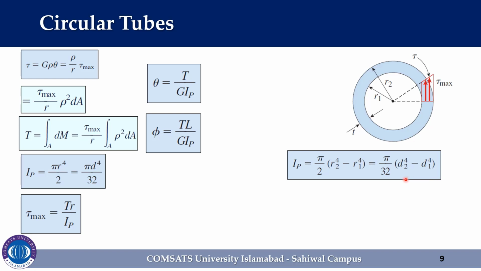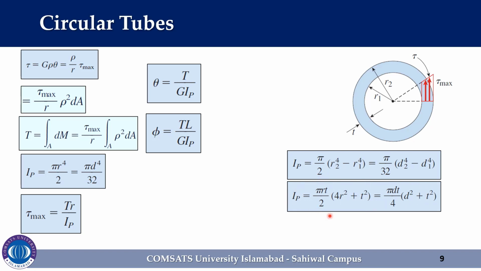The preceding expressions can also be written in the following form: Ip is equal to pi R t over 2 times (4R squared plus t squared), or we can also express this as pi D t over 4 times (D squared plus t squared), in which R is the average radius of the tube, equal to R1 plus R2 over 2. In the same way, D is the average diameter, expressed as D1 plus D2 over 2. Here t is the wall thickness, equal to R2 minus R1.